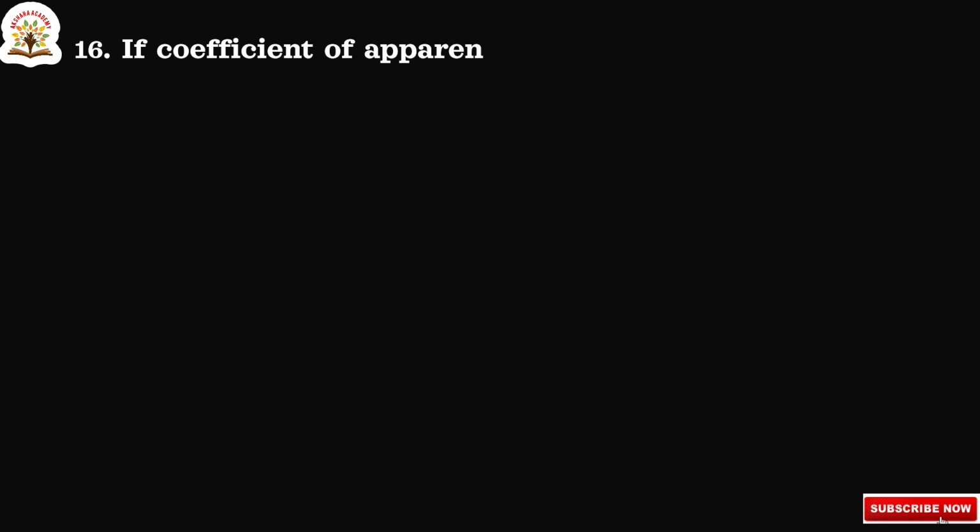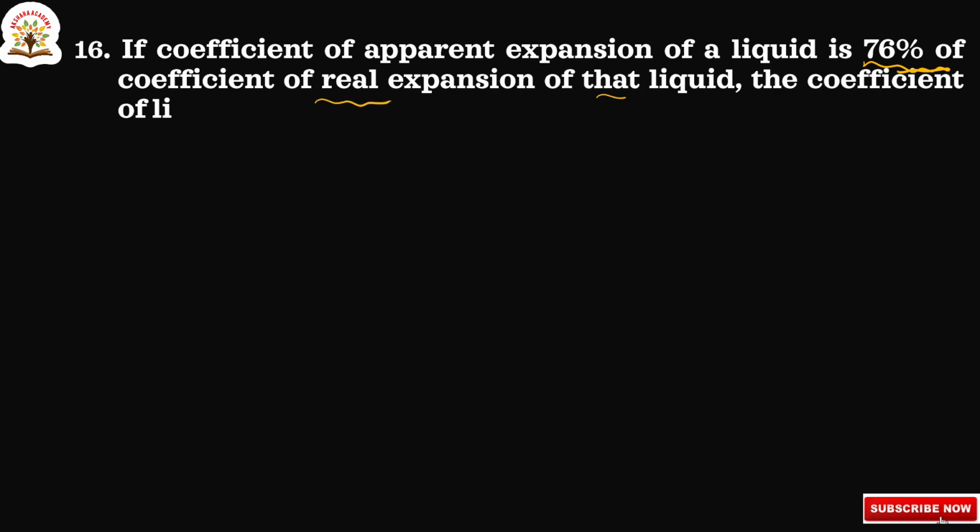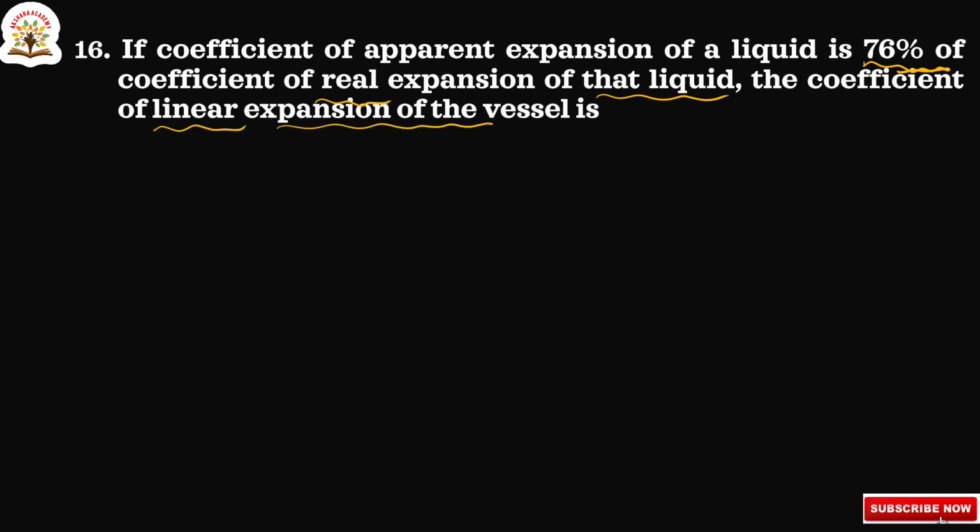If the coefficient of apparent expansion of a liquid is 76% of the coefficient of real expansion of that liquid, the coefficient of linear expansion of the vessel is? Here they have given that the apparent expansion of the liquid is 76% of the real expansion of the liquid. We have to calculate the coefficient of linear expansion of the vessel.